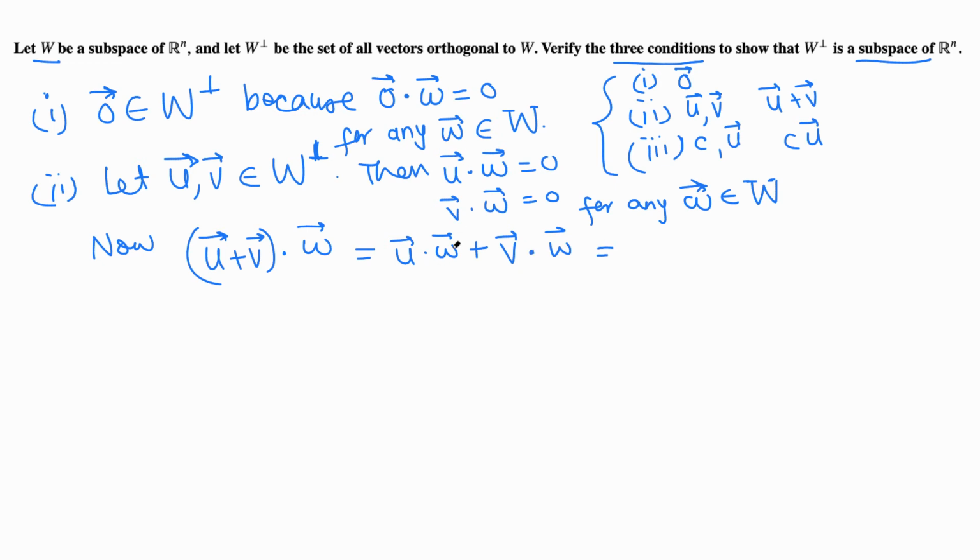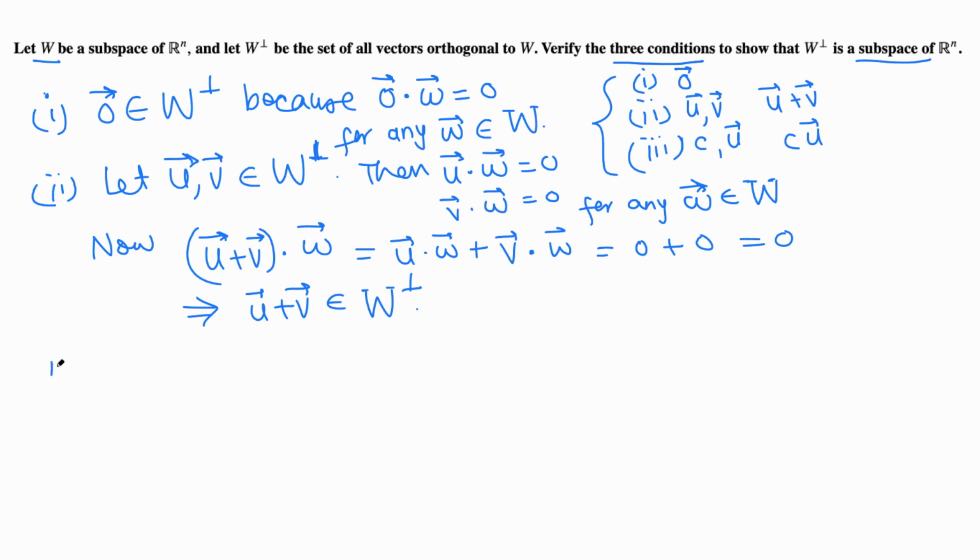We just saw that since u is in W perp, u dot w is 0, and v dot w is 0, so we get 0. So u plus v times any generic element from vector space W is 0. That implies u plus v must be in W perp.